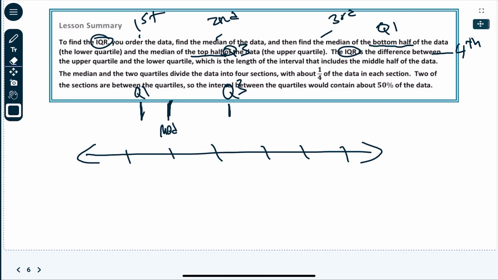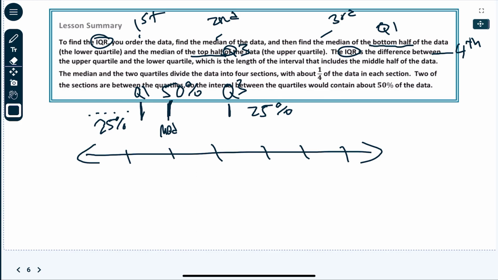This is the median of the upper half. So that means that down here is 25%. In between here is 50%. And above it is 25%. But you got to know that in between Q1 and Q3, there should be 50%.